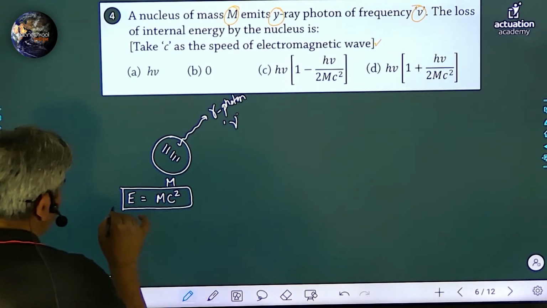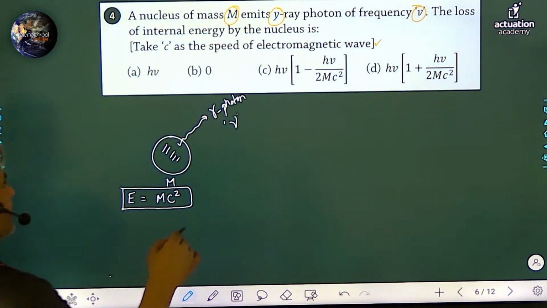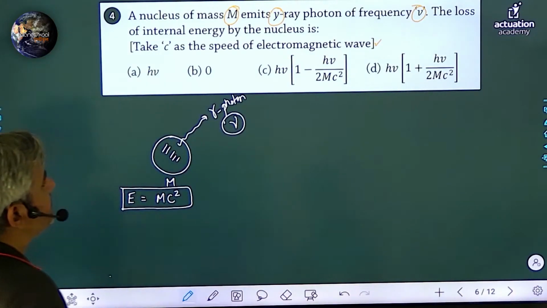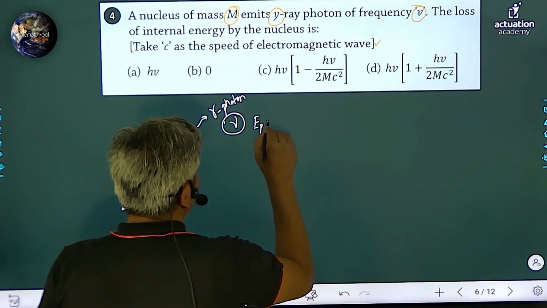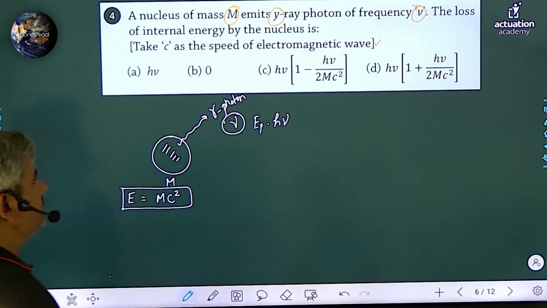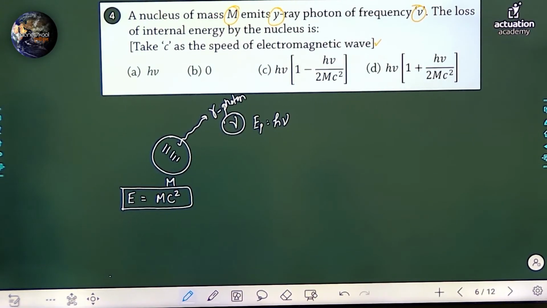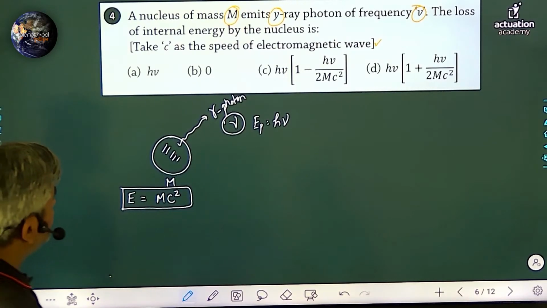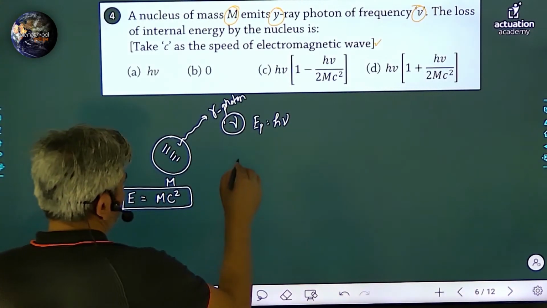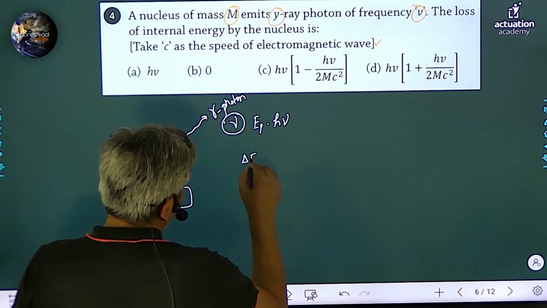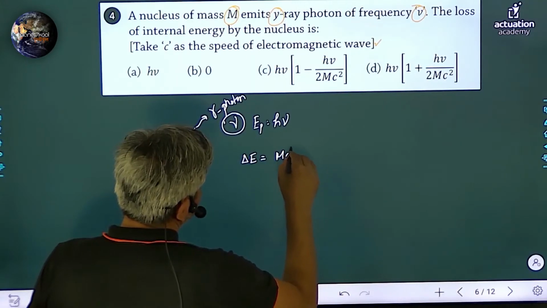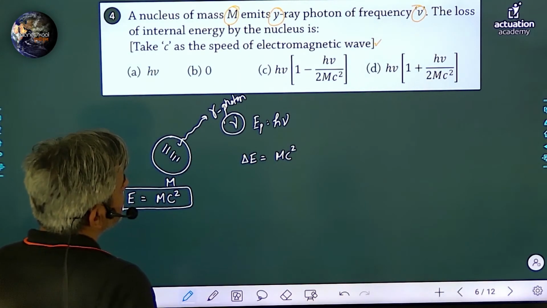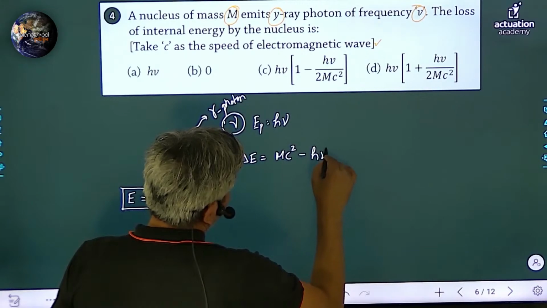Now some of the energy has gone into the photon. So the energy of the photon is Ep, which is h nu. Now the loss of the internal energy of the nucleus is the initial energy minus h nu.